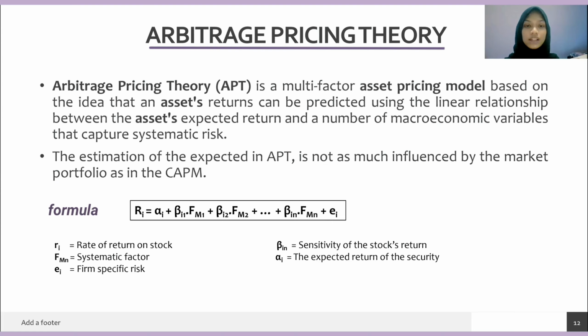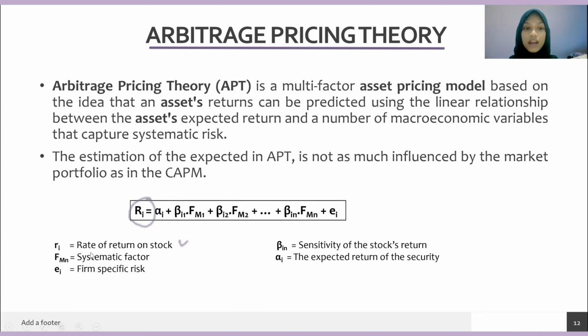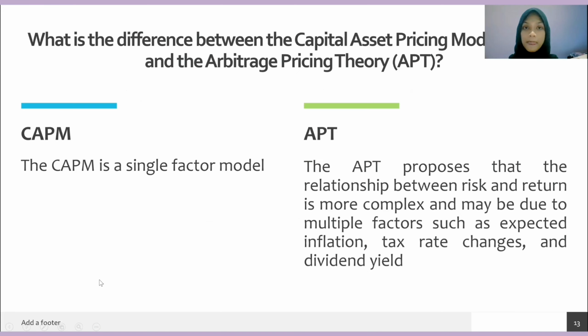And the formula that we use in arbitrage pricing theory is: Ri is the rate of return on the stock, alpha is the expected return on the security, beta is the sensitivity of the stock return times the factor F, which means the systematic factor, plus ei, which means firm specific risk.